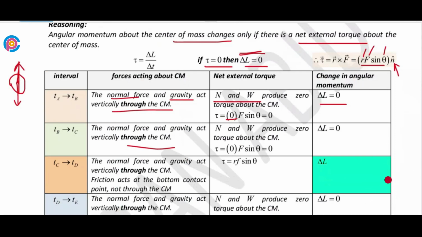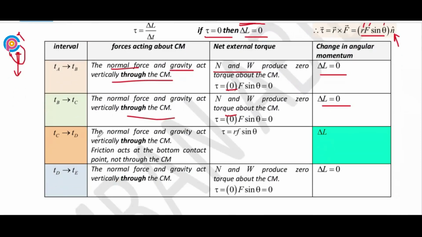For the sphere to change its angular momentum, an external torque must act on it, so there should be a moment arm about the center. These two forces pass through the center, so there is no moment arm. Again, in B to C, the change in angular momentum is zero.